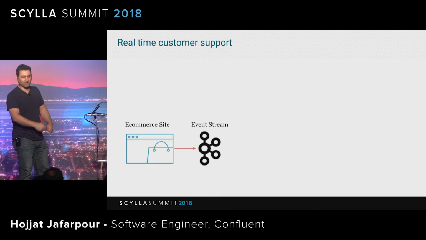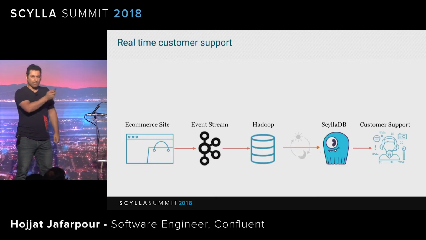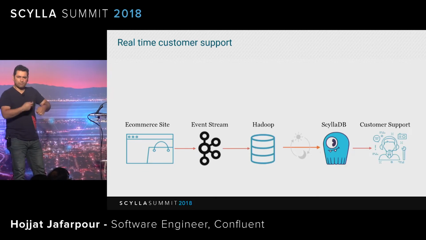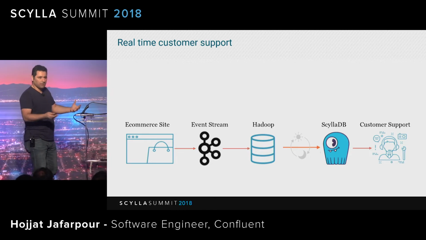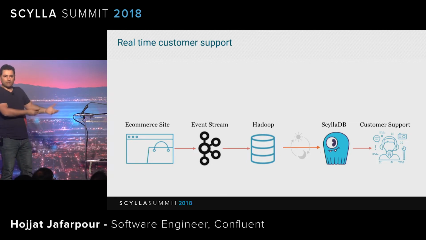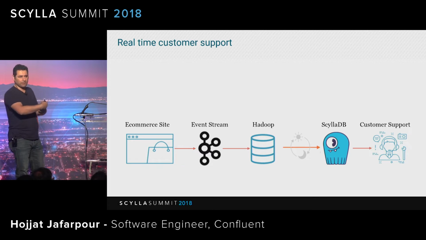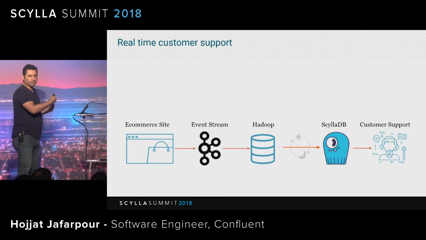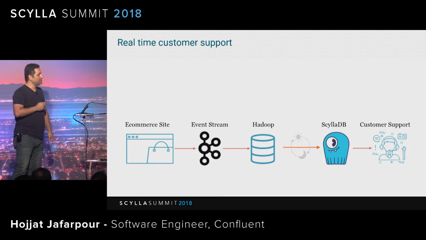When you ingest the data into Kafka, you have a pipeline that processes and prepares this data. Say you have a schema, you extract the data based on that schema, do other preparation, and put it in a database like ScyllaDB, so your customer support can access this data, see what's going on in your system, and react to any event they need to react to.